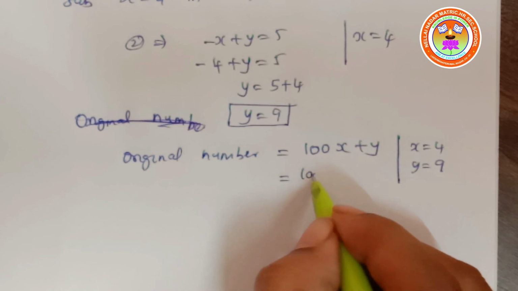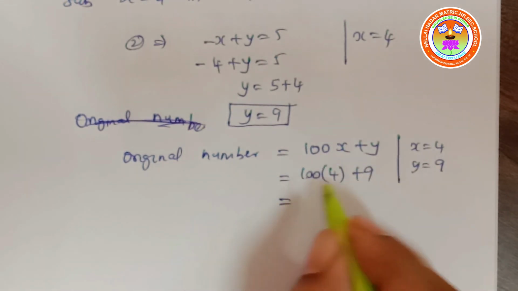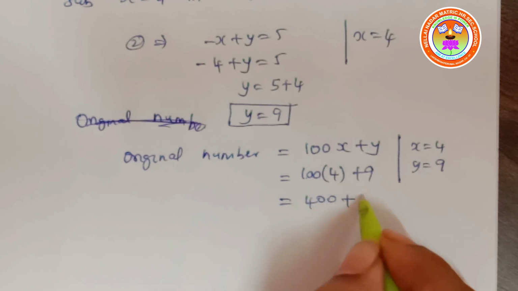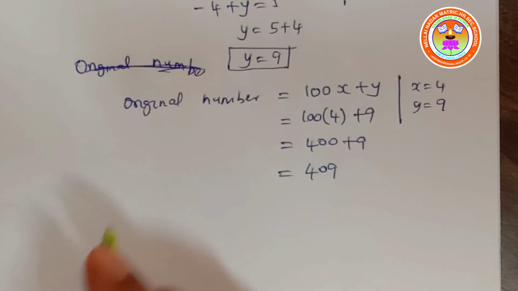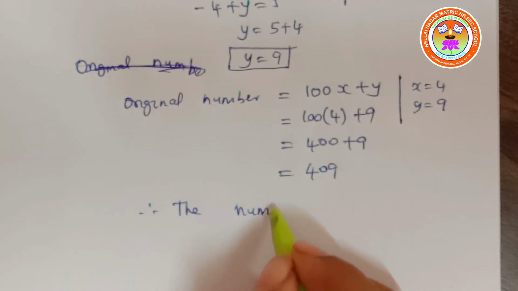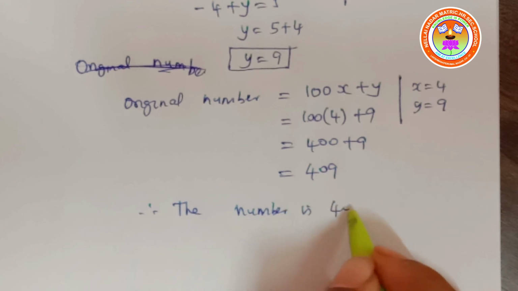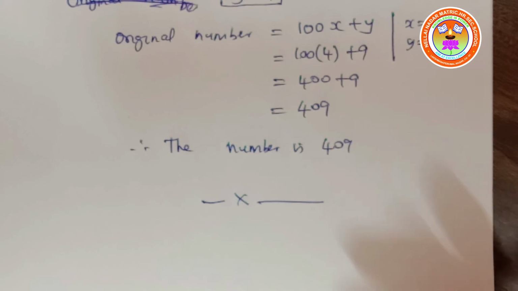So 100 into 4 plus 9: 100 into 4 is 400, and 400 plus 9 is 409. It's clear, children? This is the number. Therefore, the number is 409. With this, we are completing exercise 3.11. Next class, you can see exercise 3.12. Thank you, children.